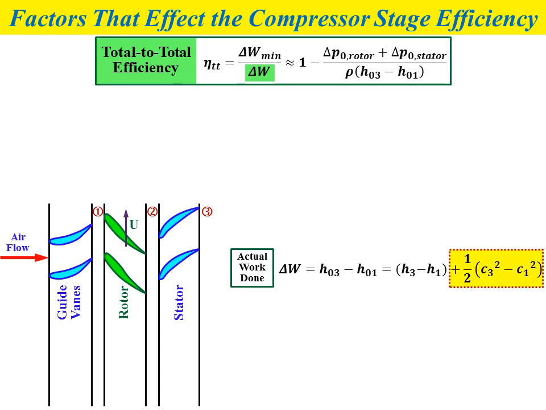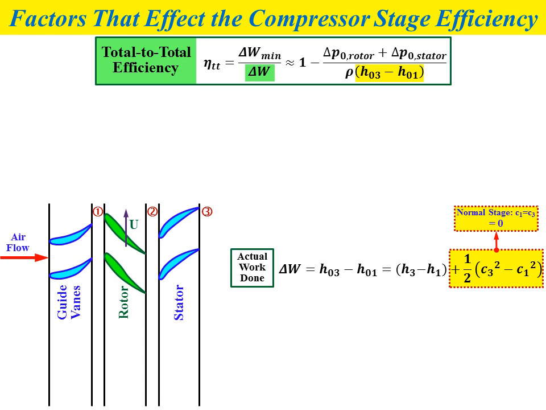For the kinetic energy term of fluid in the equation, if we consider normal stage condition where C1 equals C3, this term will be 0. So the remaining term for actual work done is ΔW equal to H03 minus H01, equal to H3 minus H1.